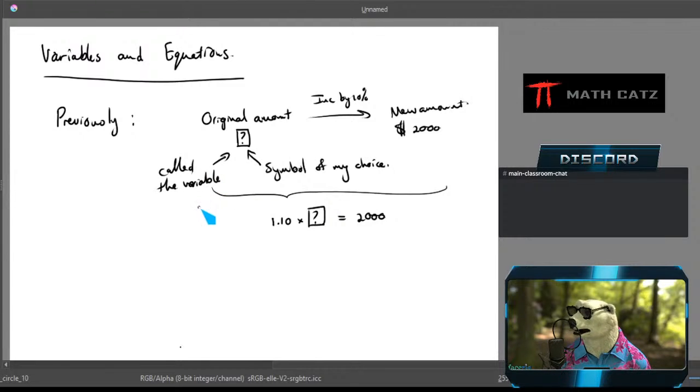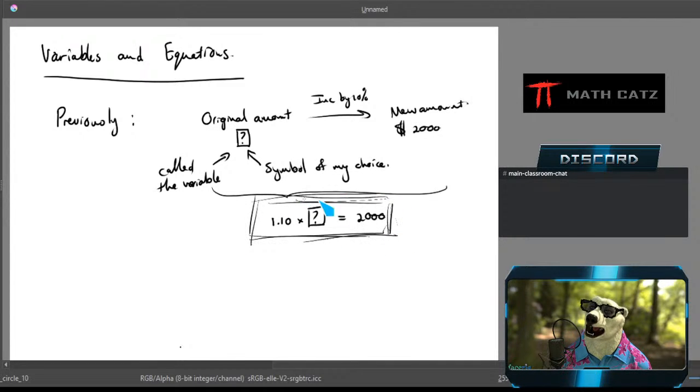Now, the word variable, in my opinion, at this low level is a little misleading because it's not something that changes. It's not something that varies at all. Once I have said what it represents, that's what it represents for these basic problems. I just want to figure out, by analyzing this mathematical sentence, what that mystery number behind the variable is. It can be any symbol.